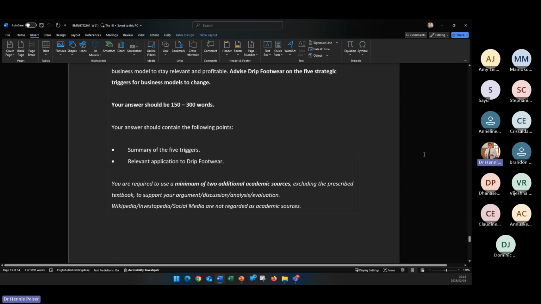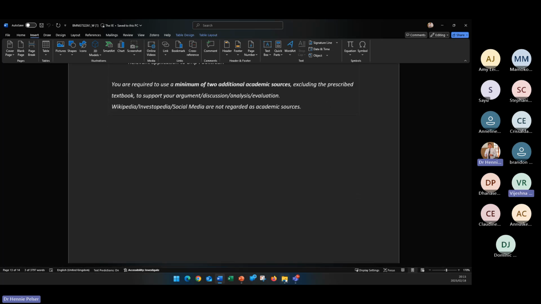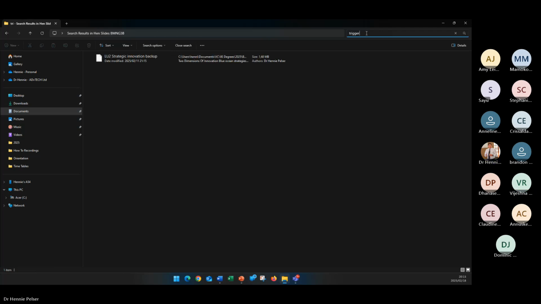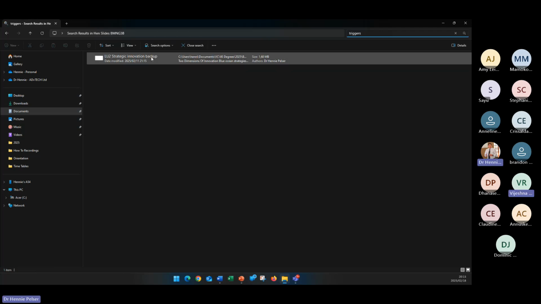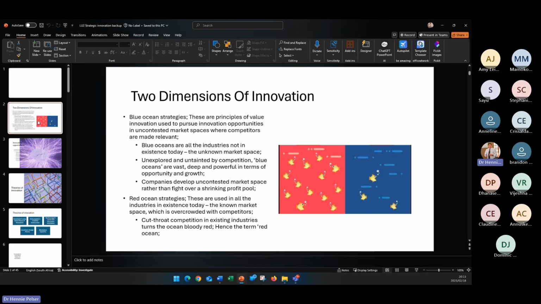And then the last one, okay, 5 strategic triggers, and that will be Learning Unit 2. Hold on a second. I have updated that. You see, this is why I kept these slides, and my apologies for that, guys.